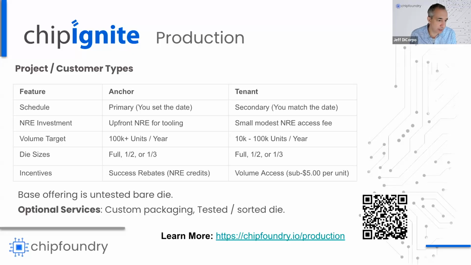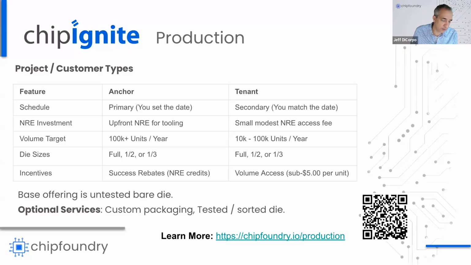The base level offering is untested bare die. However, we are providing optional services for customers who need it, including testing and sorting die, so pre-testing die. We're going to be doing that predominantly through wafer level test, again leveraging standardization that exists in this solution with the common die pad frame.